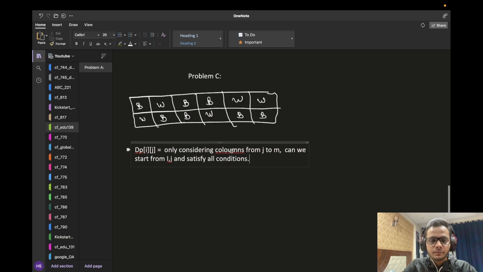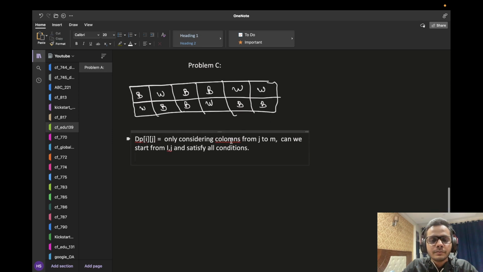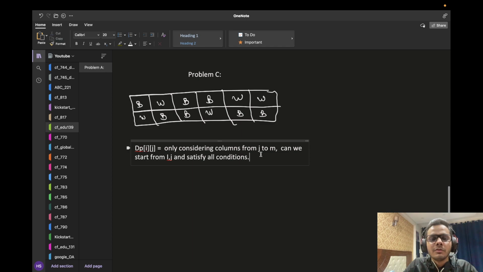So this is my simple DP state. I am sure there are other methods with which we can do it. For example, we could only consider columns from 1 to j, it's all pretty much the same thing. But this is what I did. So this is my dp[i][j]. It's a vector of Boolean values where it is true if we can start from (i, j) and visit all the black cells exactly once and reach the last column, and it's false otherwise.